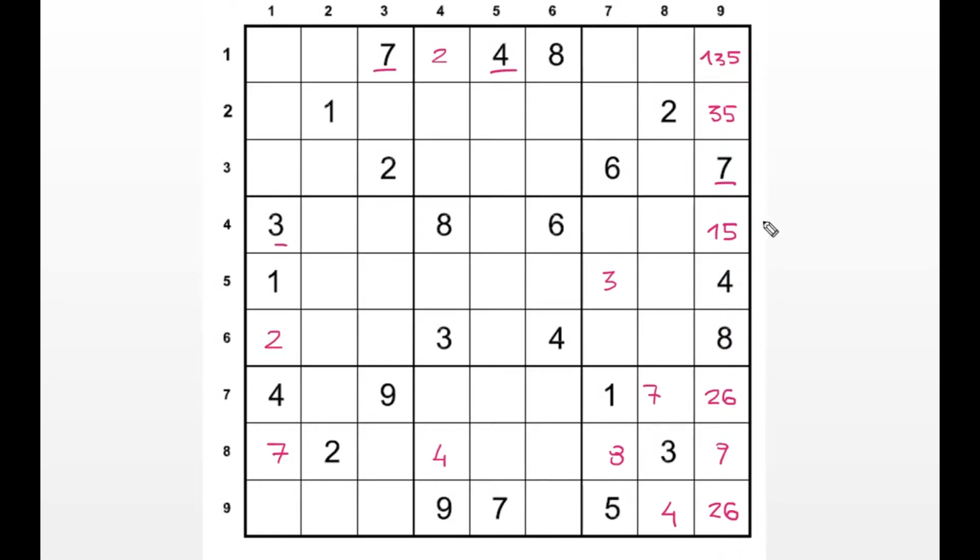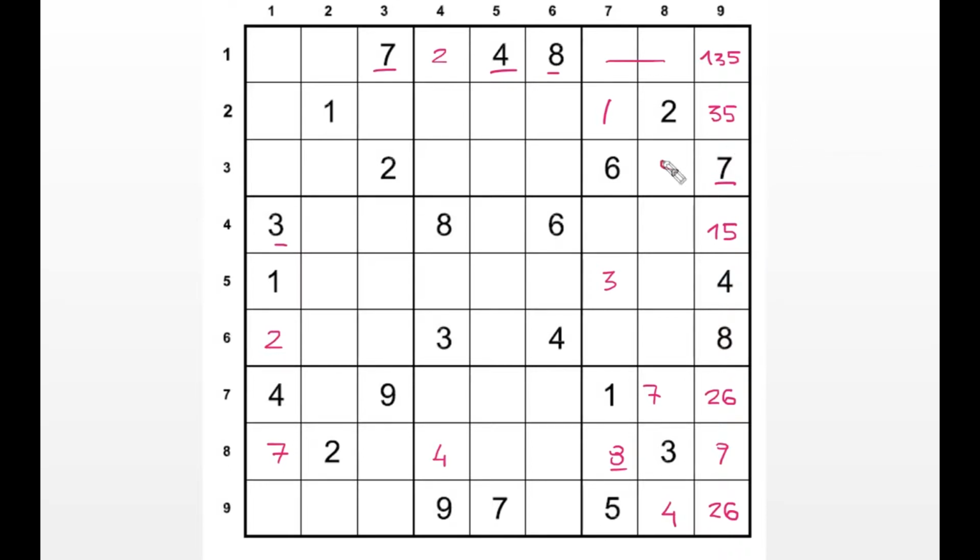Now what is going on with, let's see, number 8. For example, here is the number 8 and here cannot be number 8. And if here is number 8, here cannot be number 8.